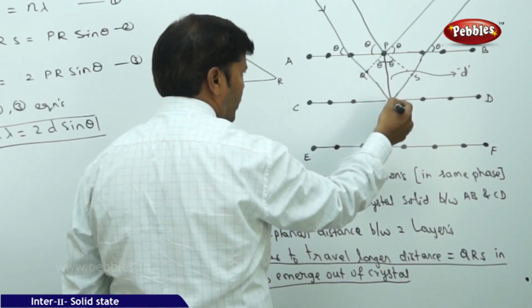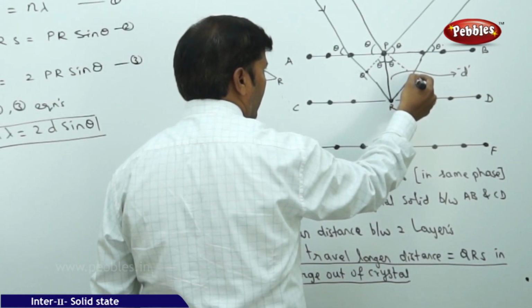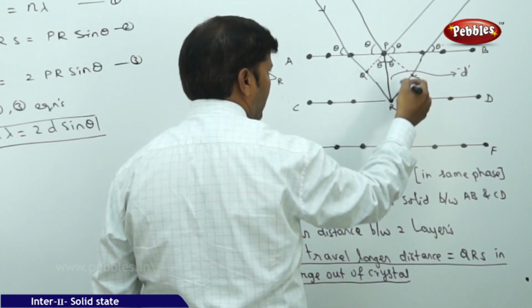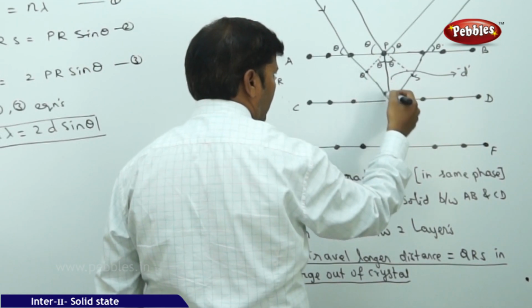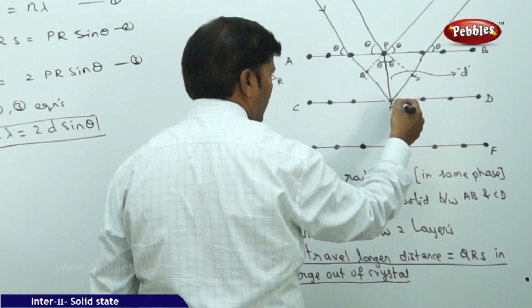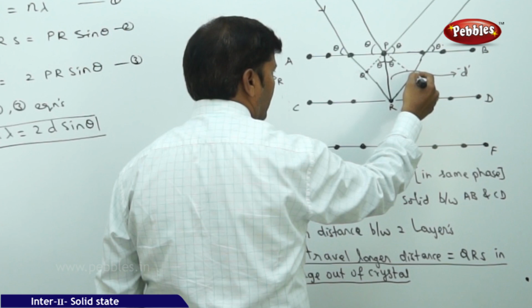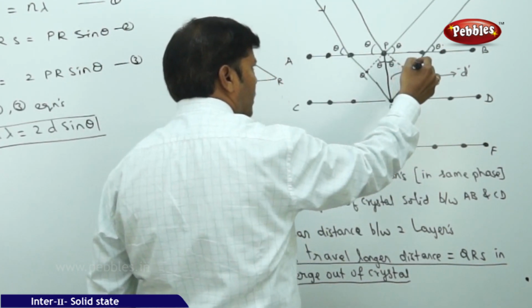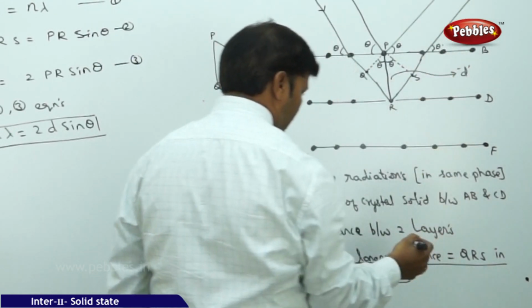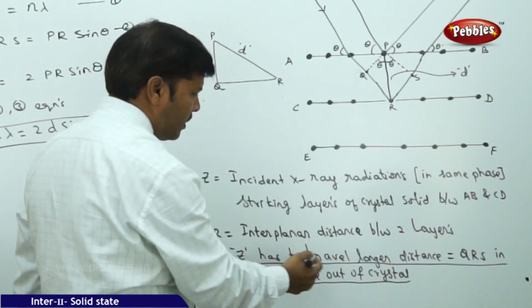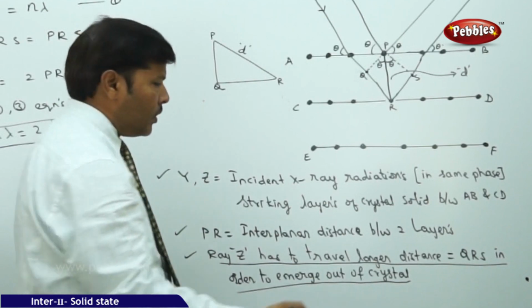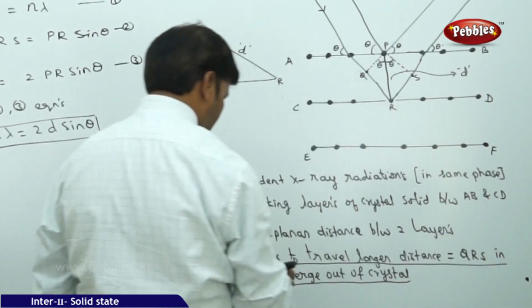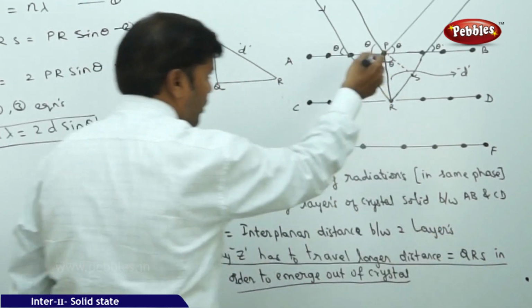From Q it has to reach R, and from P you draw another perpendicular to S. From here to here it covers one distance, Q of R, and again R and S is another distance. So from here it will emerge out of the crystal. Therefore ray Z has to travel a longer distance equal to QRS in order to emerge out of the crystal, as observed in the diagram.